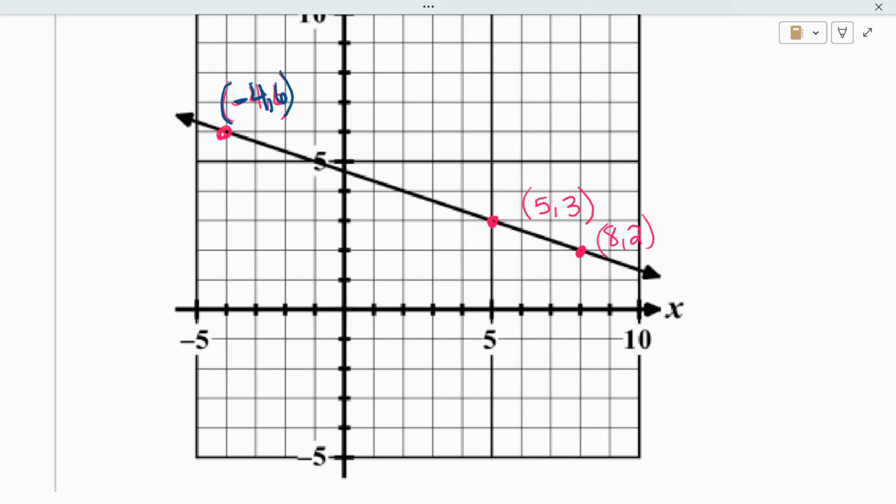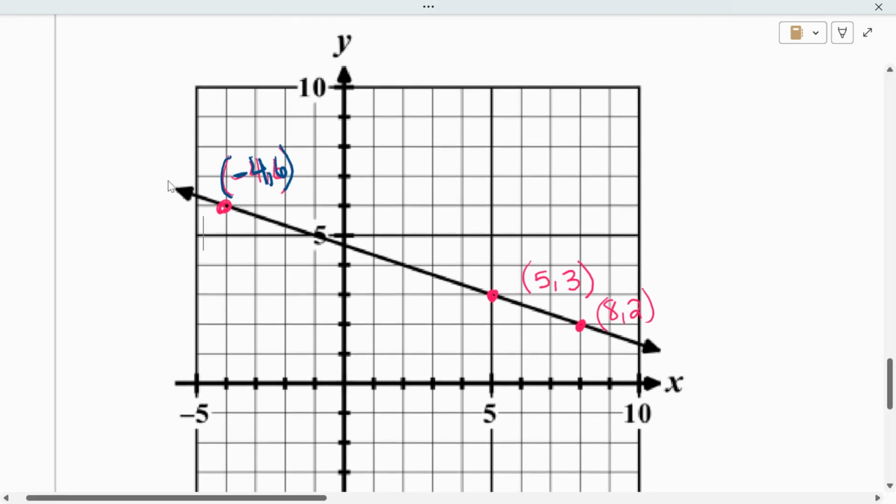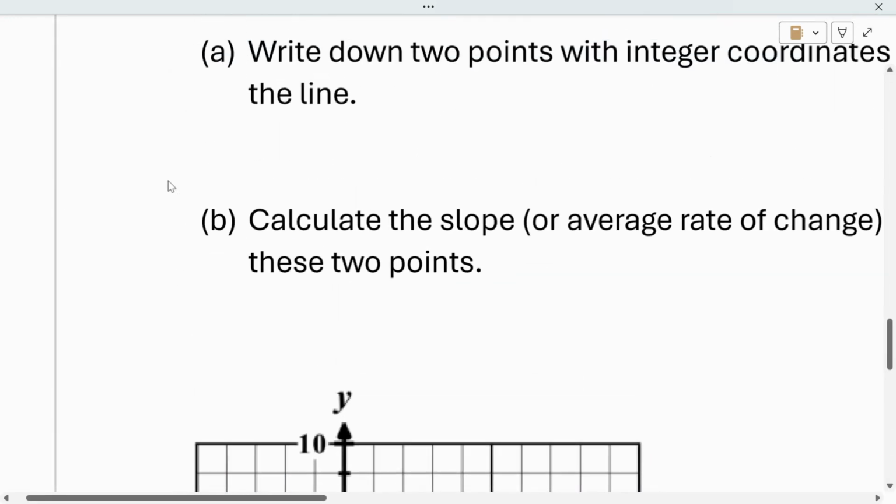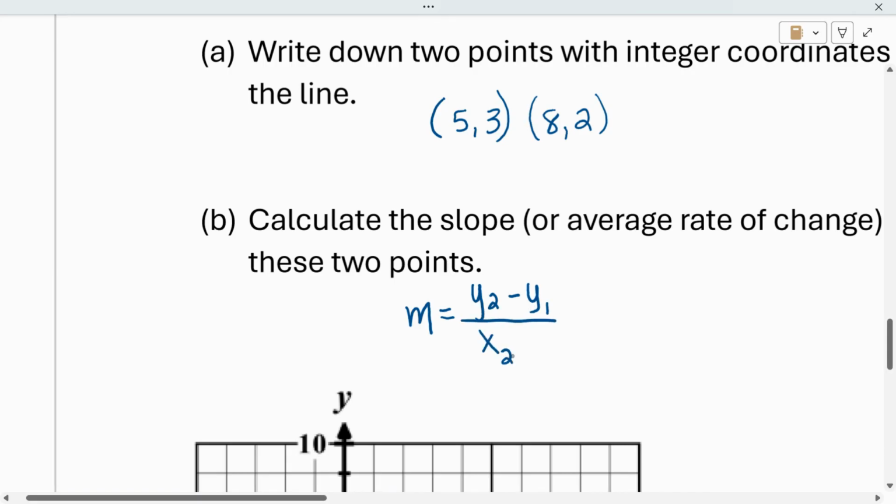So question B says calculate the slope. So we said we're using the ordered pairs 5, 3, and 8, 2. And remember the formula on the front of our little journal is y sub 2 minus y sub 1 over x sub 2 minus x sub 1.